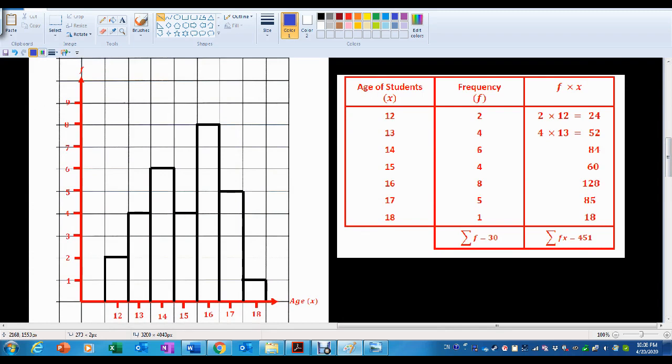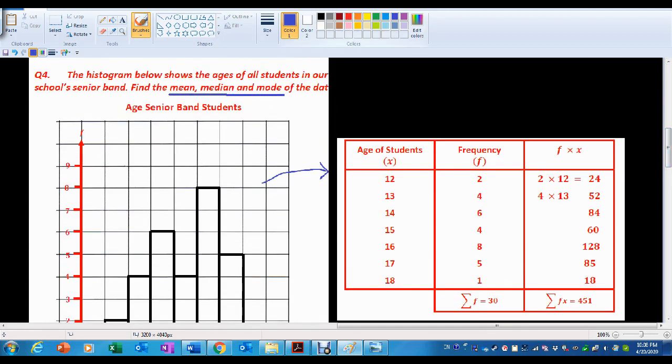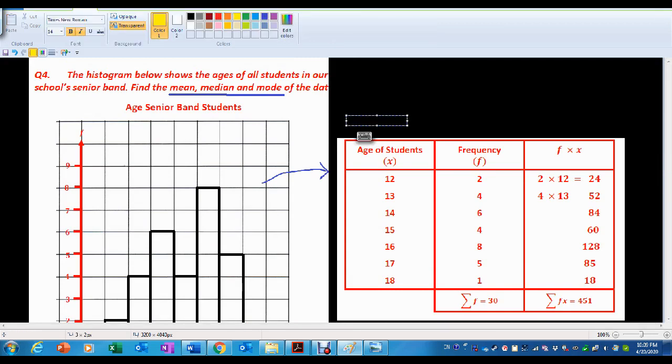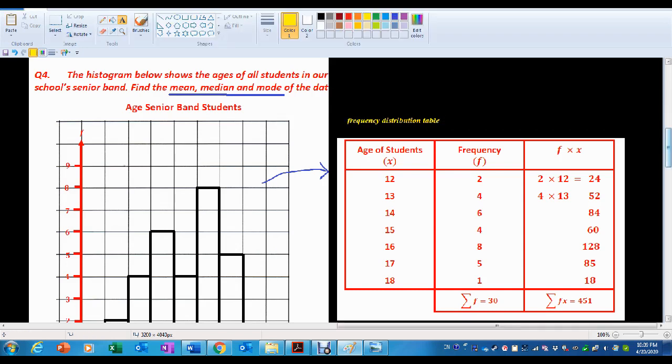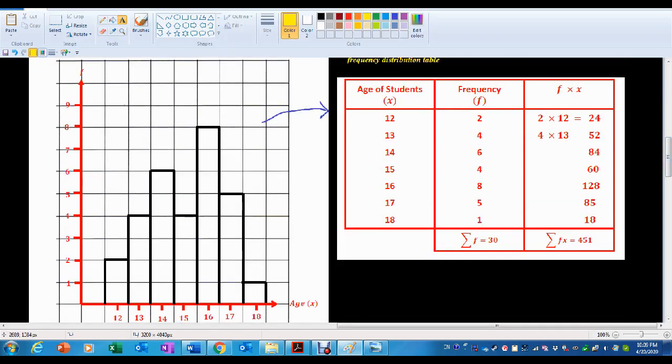By looking at the histogram, you can convert all the data in the histogram into what we call a frequency distribution table. That's what you need to do. In that table, you need to write down each data and its frequency.